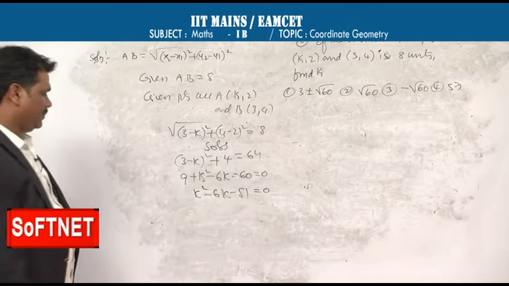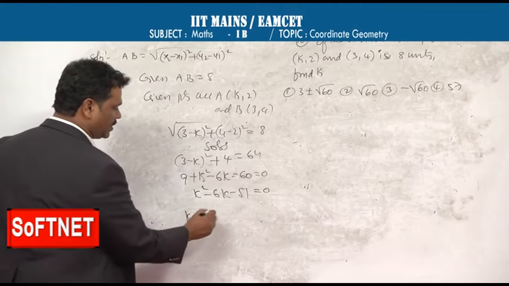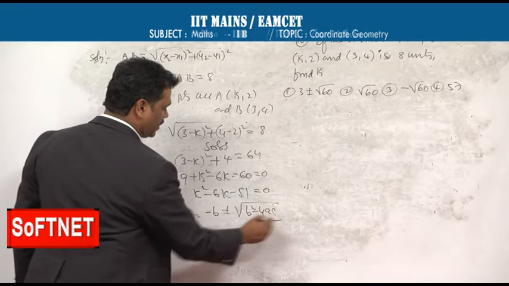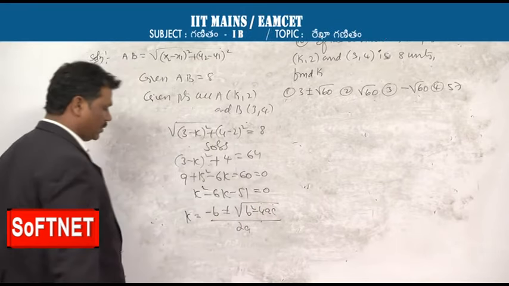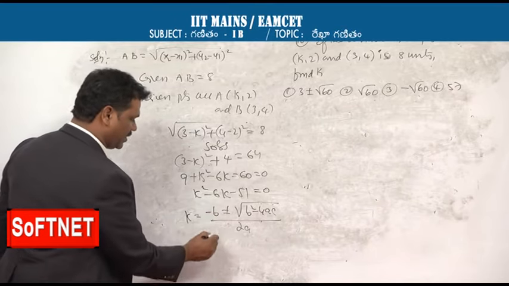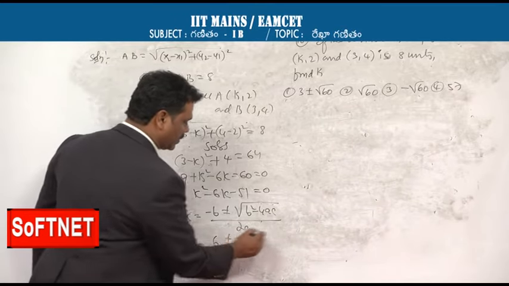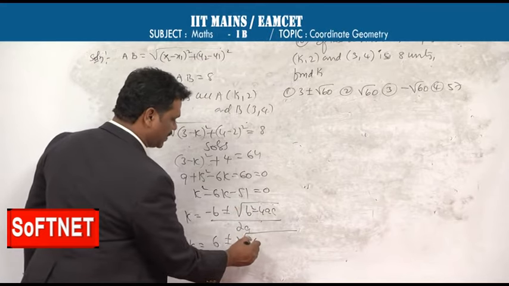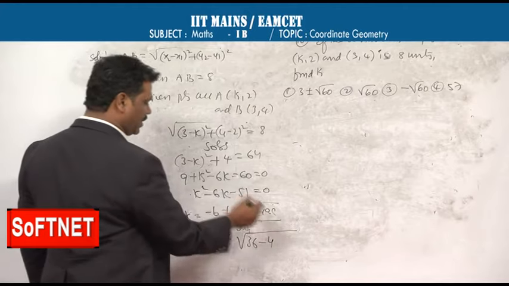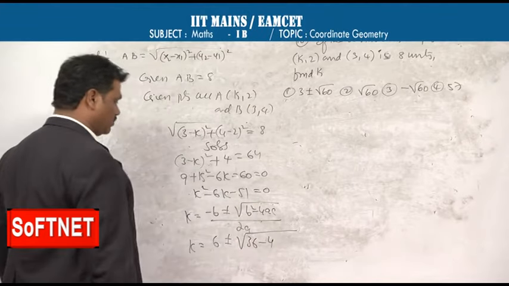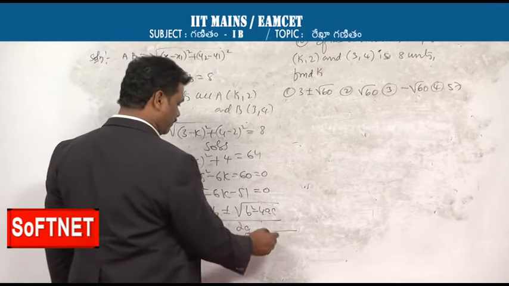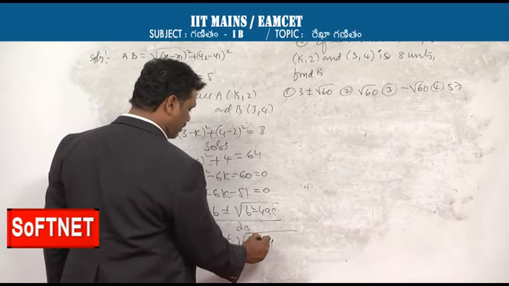So here we find factors using k equal to minus b plus or minus under root of b square minus 4ac by 2a. So k is equal to minus b means 6 plus or minus under root of 36 minus 4 into a is 1, c is minus 51. Minus 51 means 51 into 4, minus and minus plus.